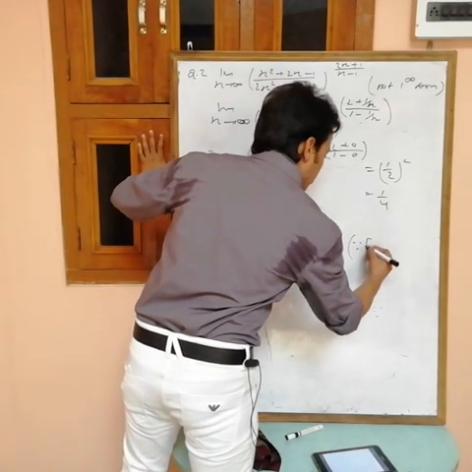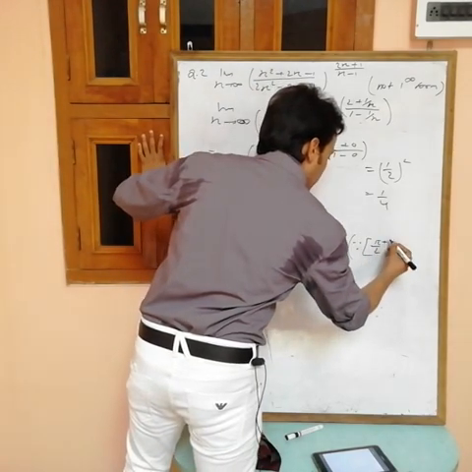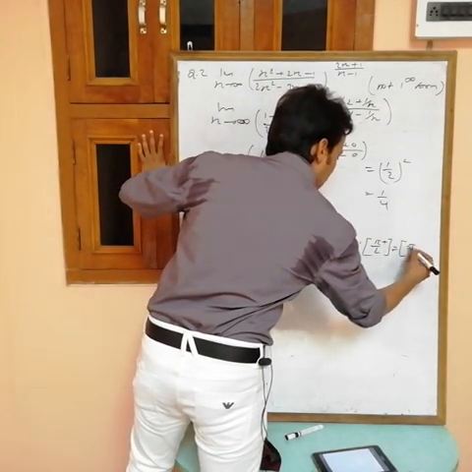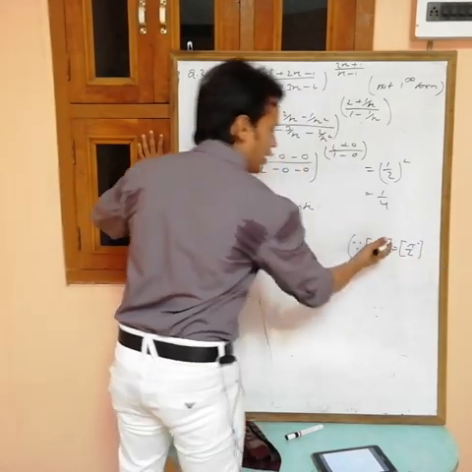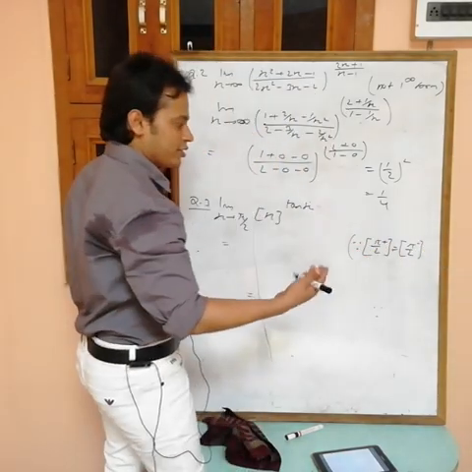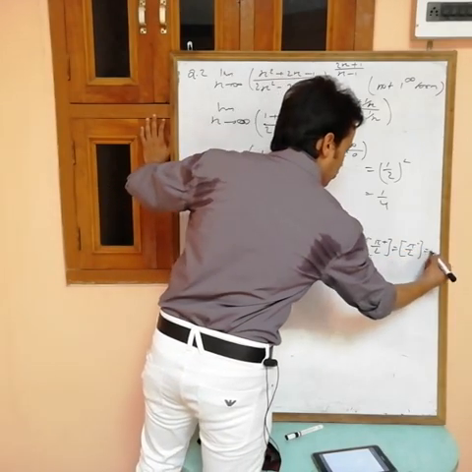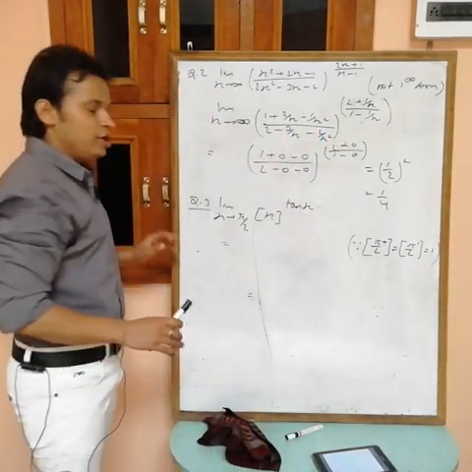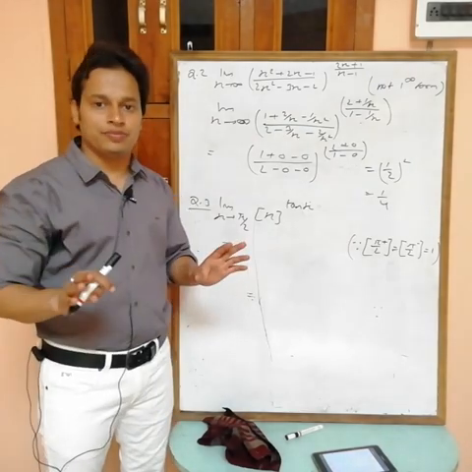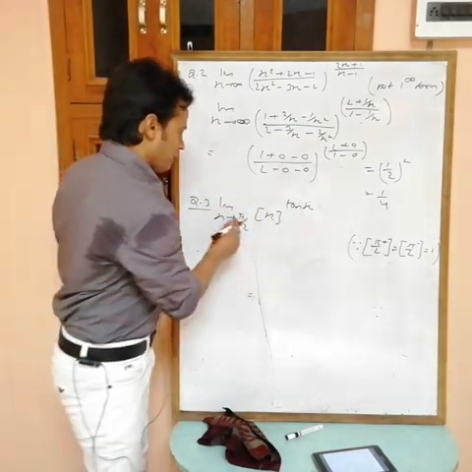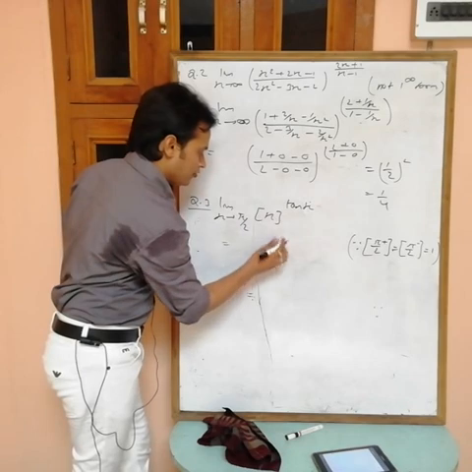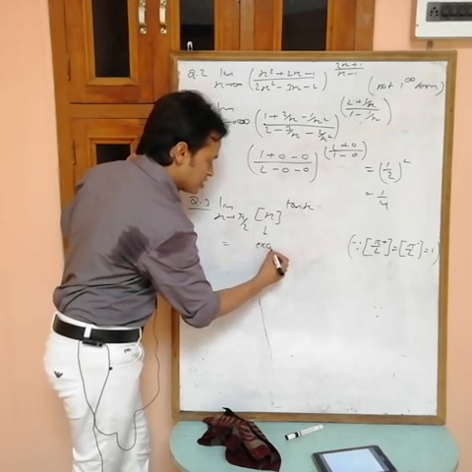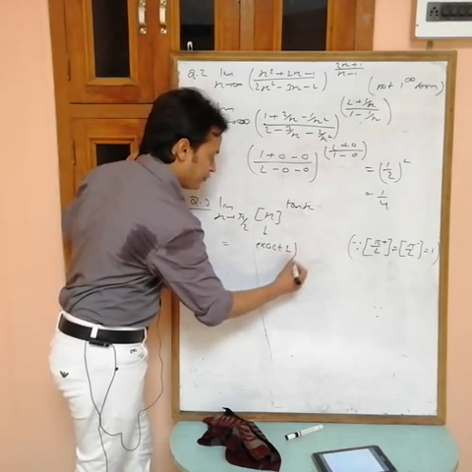Greatest integer of pi by 2 plus or pi by 2 minus, it means for RHL pi by 2 plus, just greater than pi by 2, just less than pi by 2, both are equals to 1. So find LHL or RHL, doesn't matter. This is exact 1. If you put x tending to pi by 2, the value of this one is exact 1.